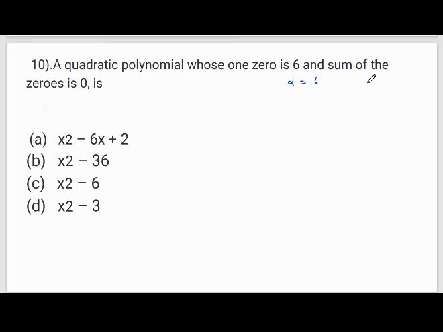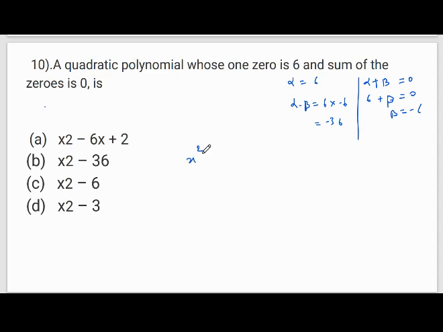Alpha is equal to 6, but alpha plus beta is equal to 0. So put the value of alpha, and plus beta is equal to 0. So we can say beta is equal to minus 6. So alpha into beta is equal to 6 into minus 6, and that will be minus 36.